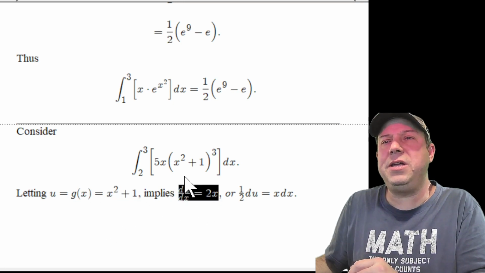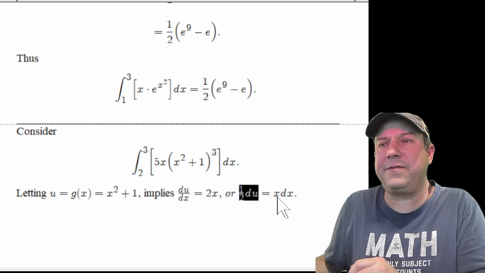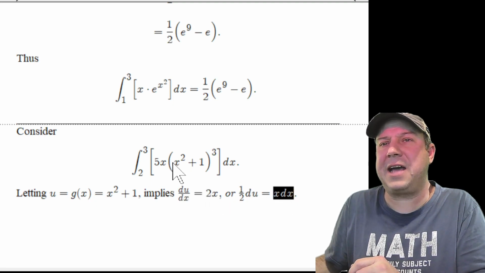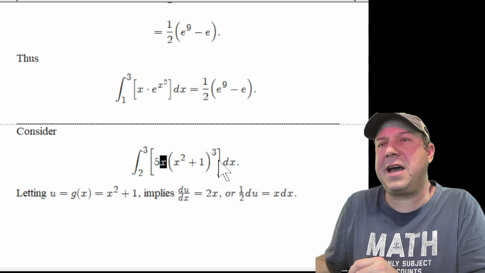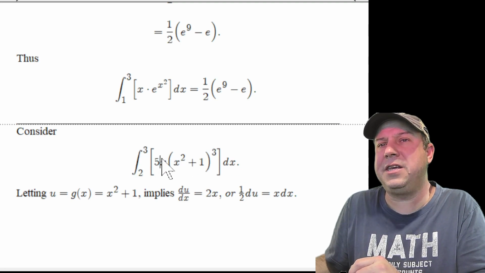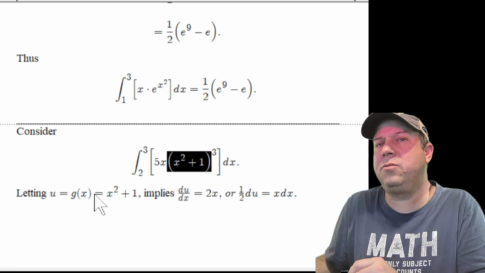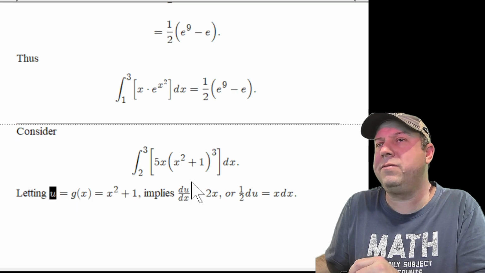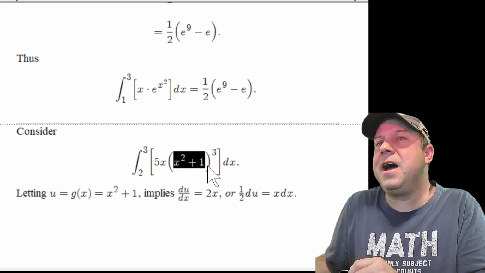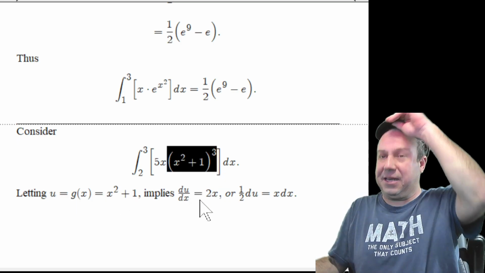That means du/dx would be 2x, or 1/2 du would be equal to the x dx. And this value of x and this value of dx would get substituted out with 1/2 du. And the quantity x squared plus 1 would be substituted in with the value of u, and you'd have u cubed as the antiderivative.